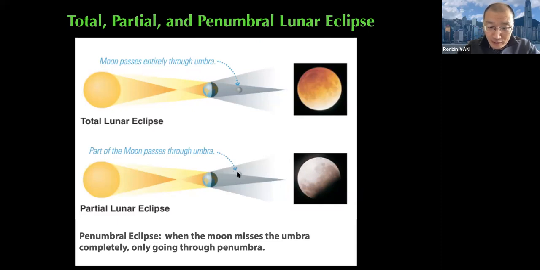And when it is in the penumbra part, this is not going to be as bright as a full moon usually. So if a full moon happens over here, it can be much brighter than this part of the moon. So even during a partial lunar eclipse, even the bright half is not going to be as bright as usual because it is only seeing part of the sunlight.